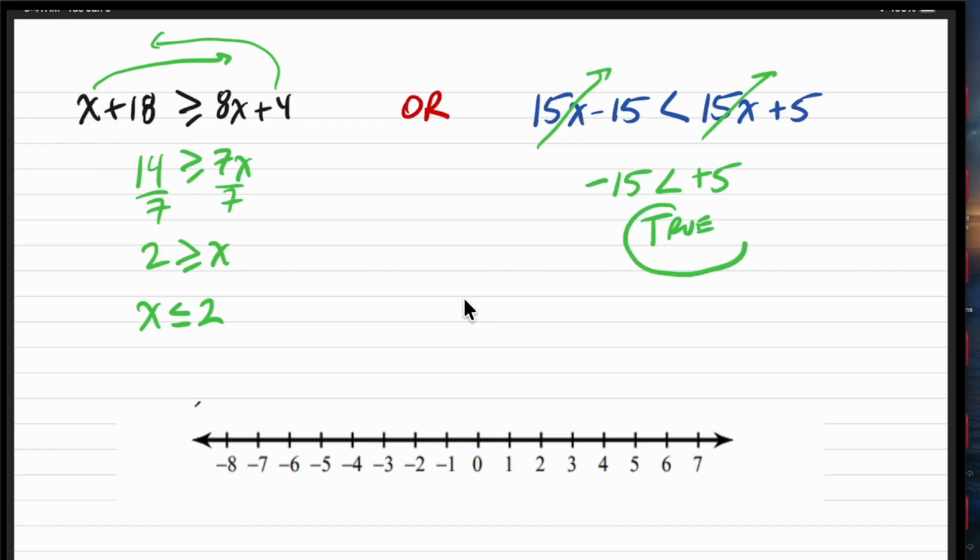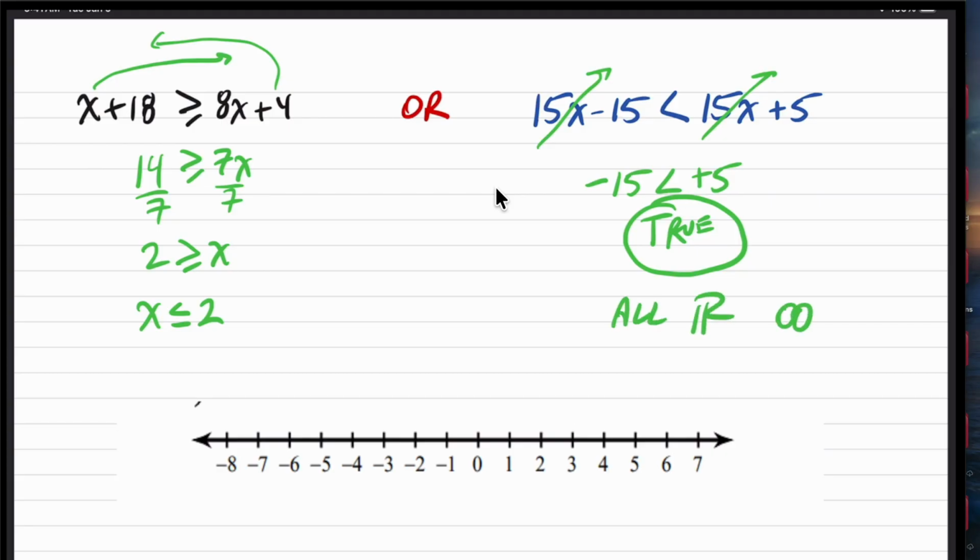So if you have a situation where the variable is eliminated, and we see this when we solve systems of equations using elimination, and if the variables completely eliminate, we ask ourselves, is this a true statement? Is positive 5 greater than negative 15? It is. Therefore, any x value you put in here, this is going to be true. So this portion of this OR problem is all real numbers.